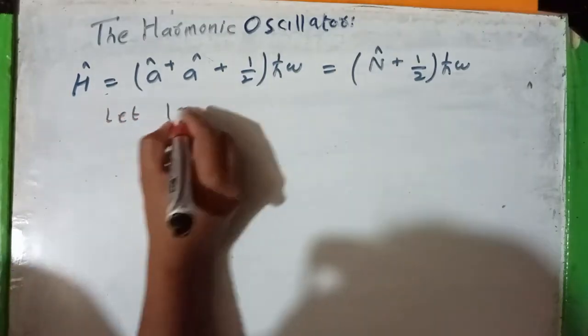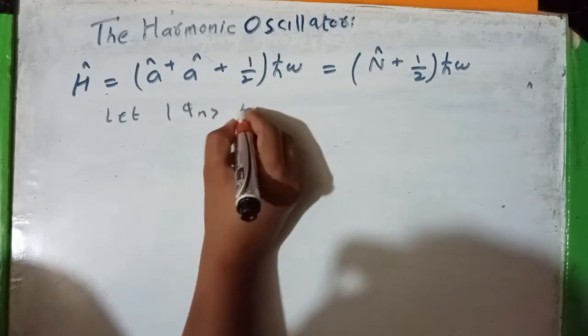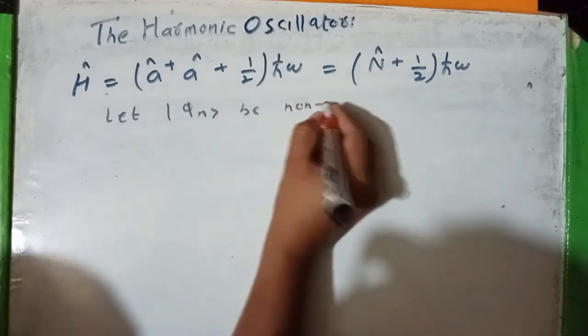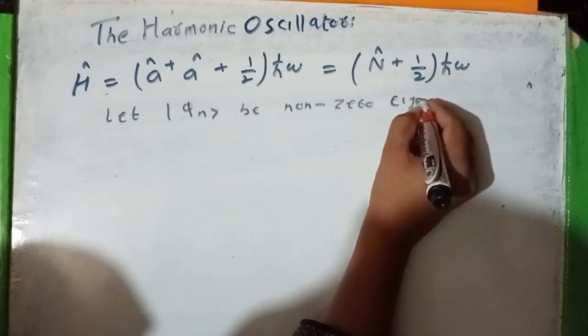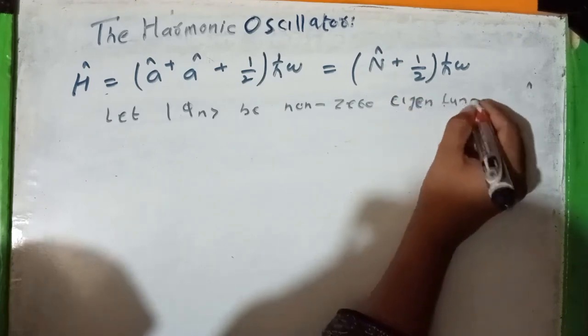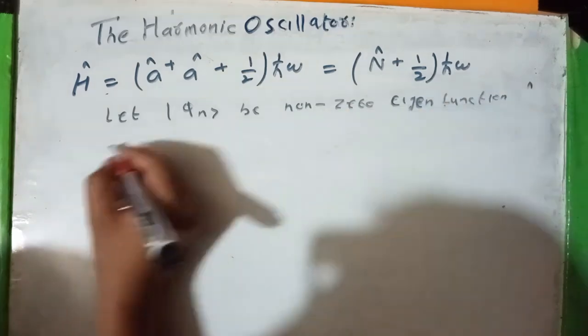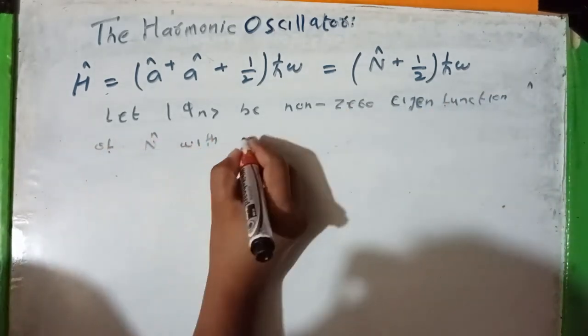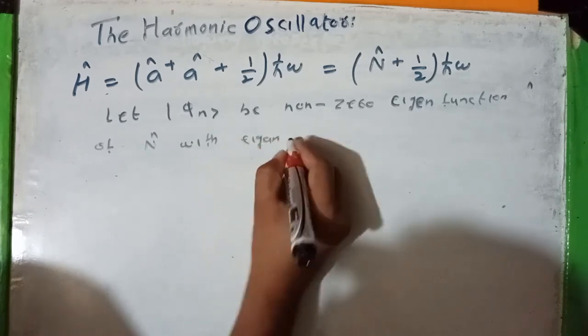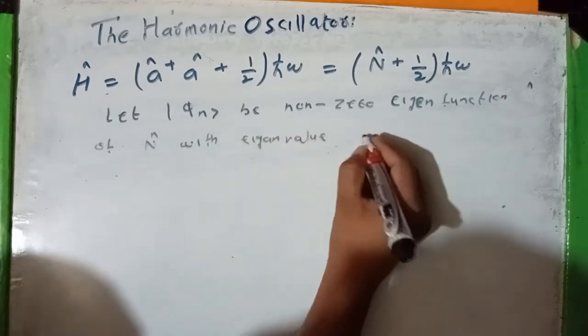Let phi of n be a non-zero eigenfunction of operator n with eigenvalue n.